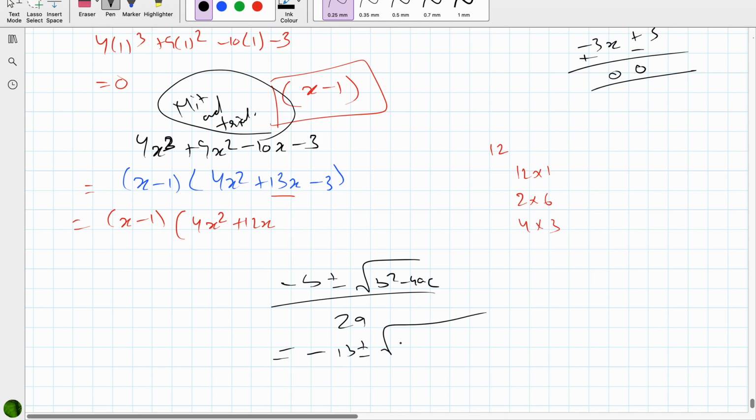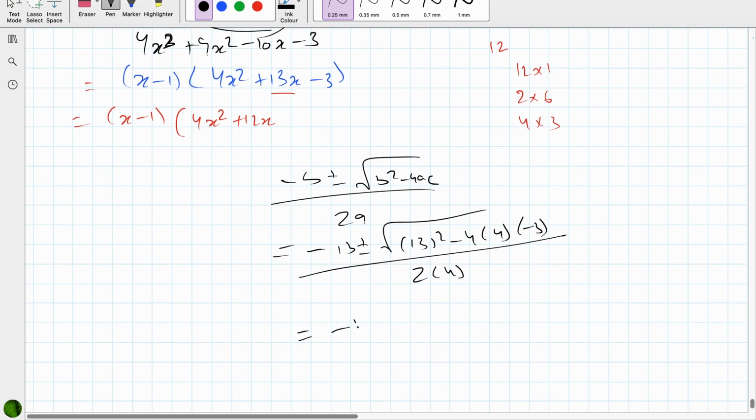minus 13 plus square root b square minus 4a and c is minus 3 over 2a, minus 13 plus minus square root 13 square minus 4 into 4 into minus 3 over 2 into 4. This is 8 in the denominator.